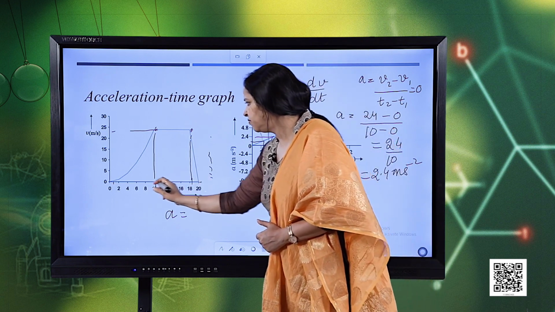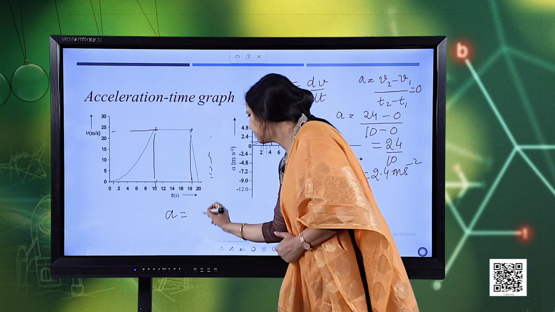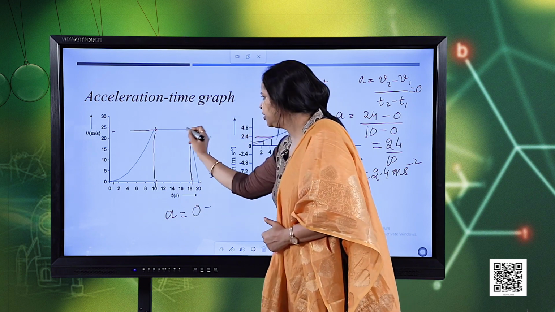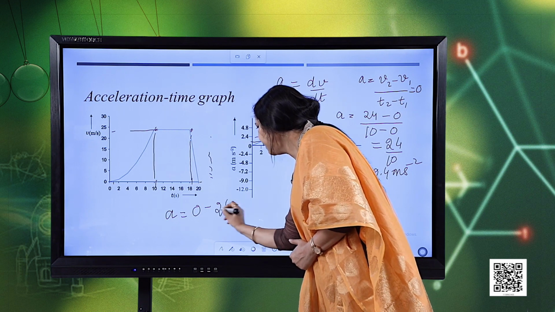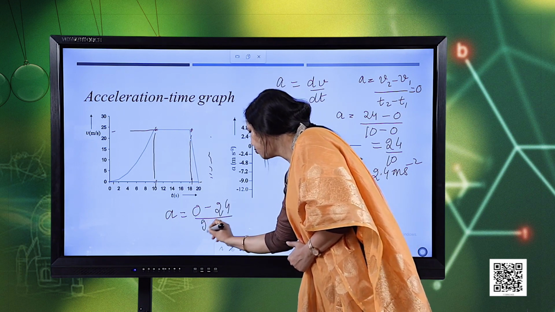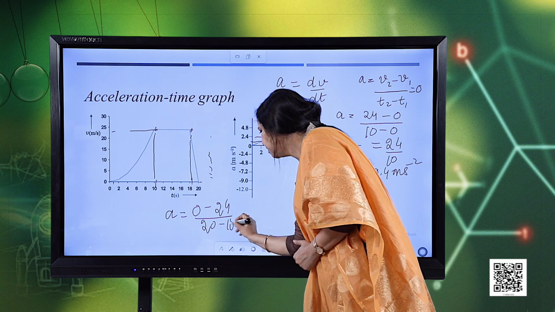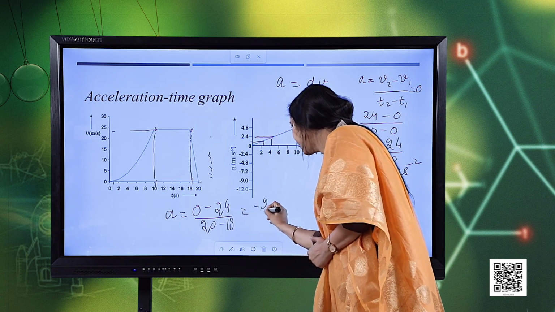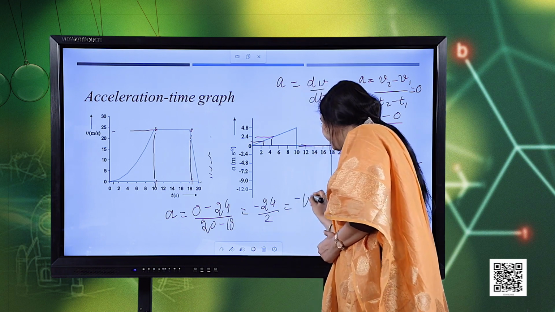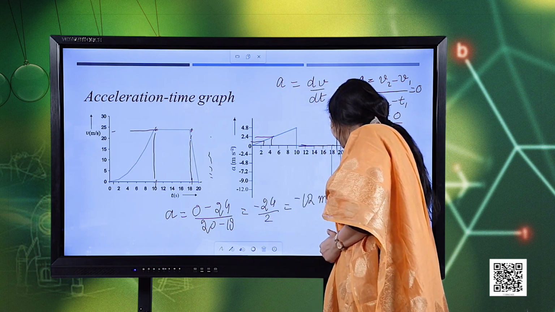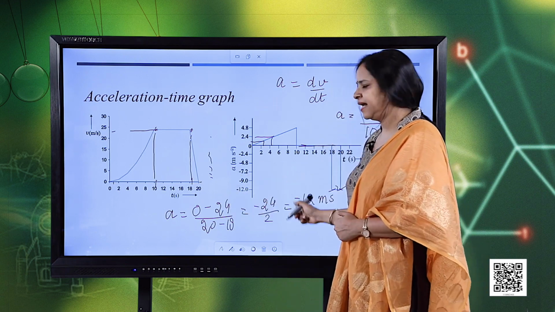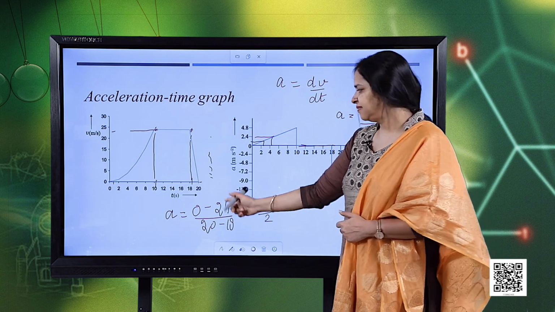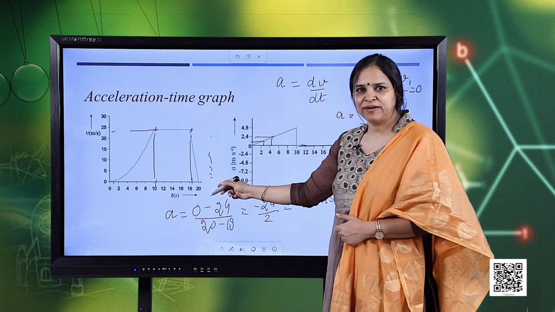The final velocity is 0 meter per second, minus the initial velocity 24 meter per second, and the time is 20 minus 18. So, how much will we get? We will get minus 24 divided by 2, which is equal to minus 12 meter per second square. So, here the acceleration is negative. This is an example of negative acceleration as well.